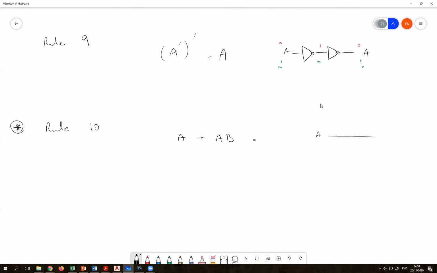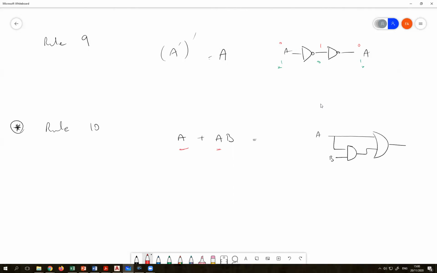A or A and B. So, what do I get? A or A and B. In this one, actually, I can delete this and do it like that. So, how to solve this?